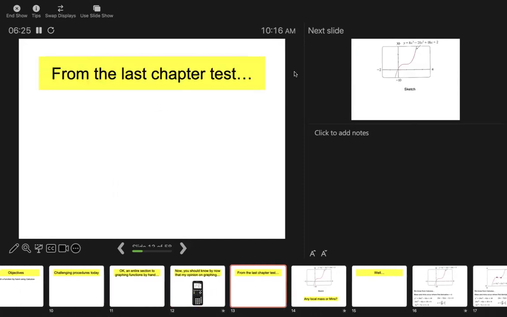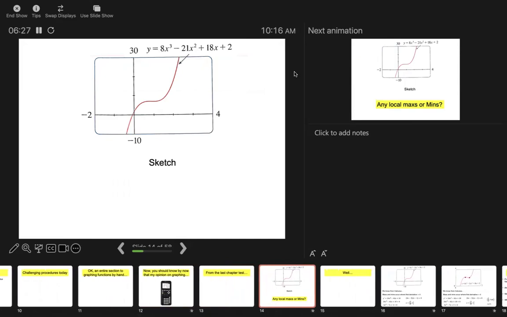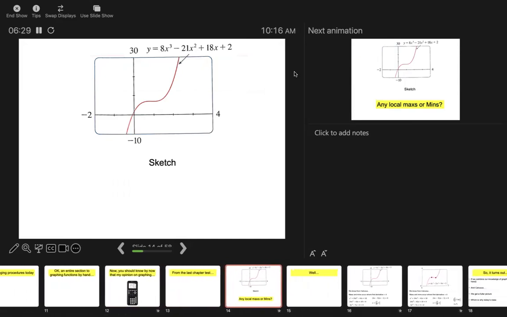All right. From the last chapter test, I asked you to sketch a curve. And today, I'm not going to ask you to sketch the curve. What was the big difference of what we didn't include when we sketched that curve? Like on the test, we established where are the zeros, where does the slope equal 0, and then we just kind of played connect the dots.